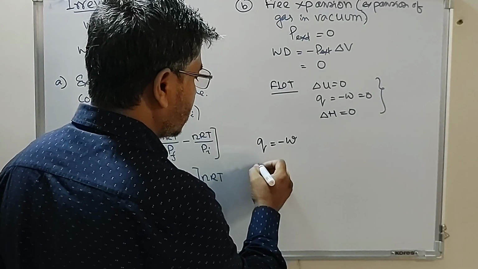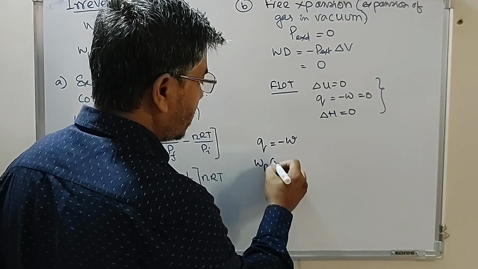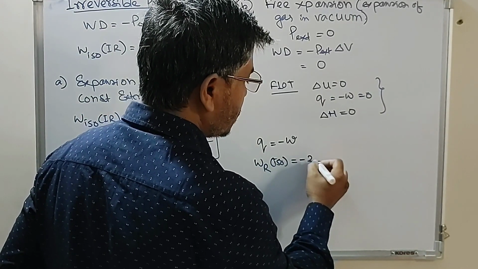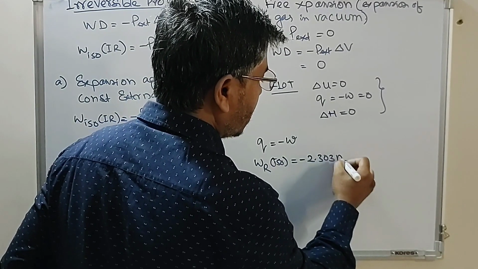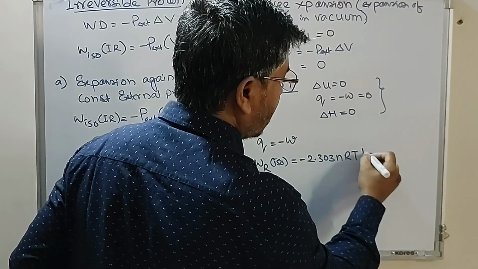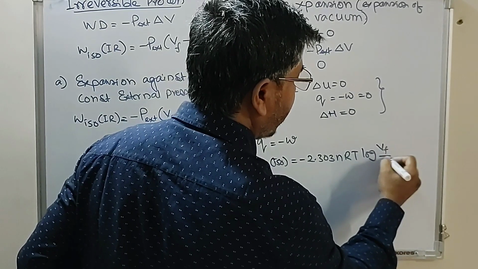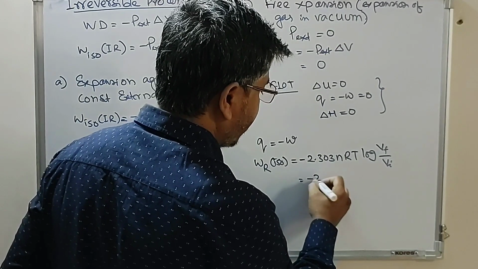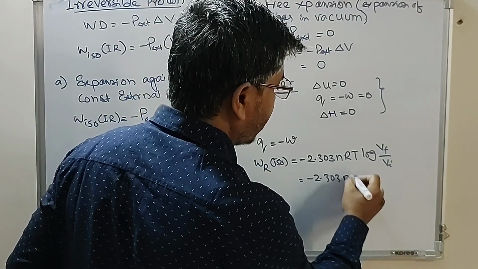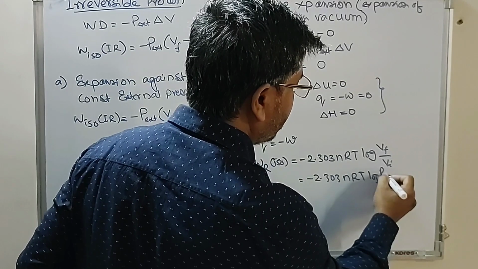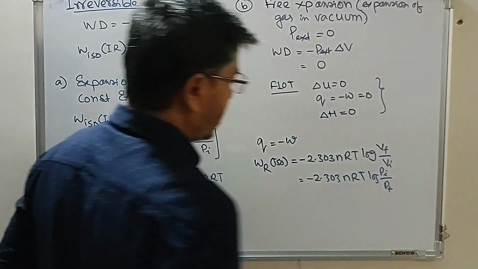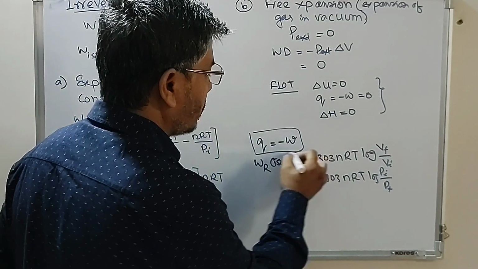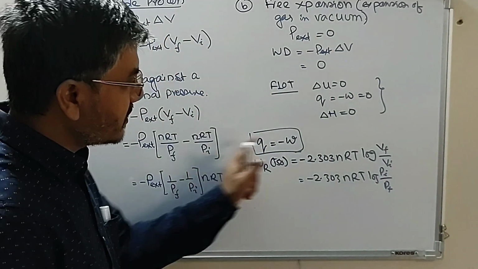So work done for reversible isothermal is defined as minus 2.303 nRT log Vf by Vi, or minus 2.303 nRT log P initial by P final. So if this is the expression of work done, what will be the expression of Q? Q will be just the negative of this work done.